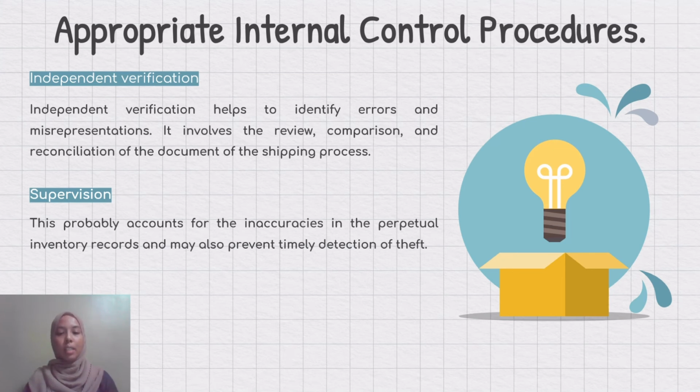The last one is that SSU Berhad should apply supervision in the business so that the supervisor can make sure that the physical count of inventory is made at least annually. This probably accounts for the inaccuracies in the perpetual inventory records and may also prevent timely detection of theft.